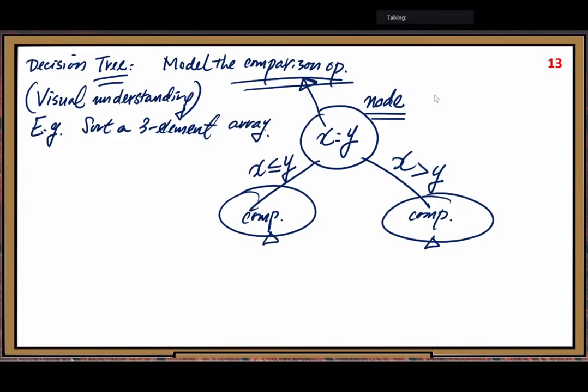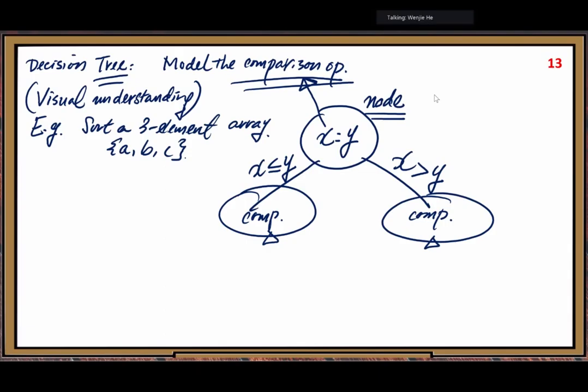But to help you understand this decision tree concept, now I use the decision tree way to do the sorting. Let me use 3 elements, ABC, how about that? 3 different elements.